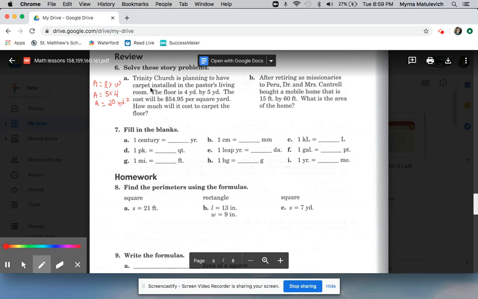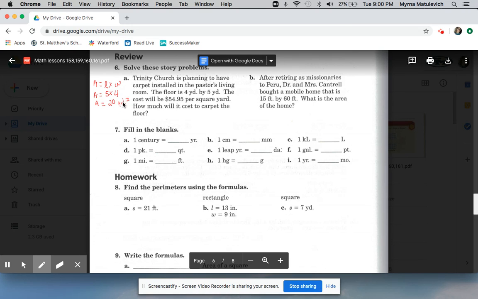So the first thing I needed to do was find the area. Area equals length times width. Area equals, I know the length is 5 yards and the width is 4 yards because the floor is 4 yards by 5 yards. And the area, therefore, is 20 square yards, or 20 yards squared.